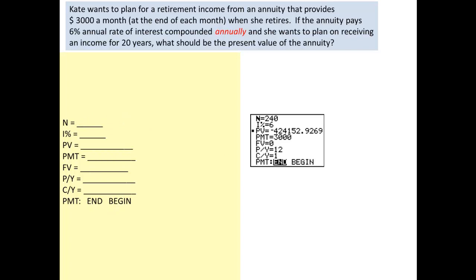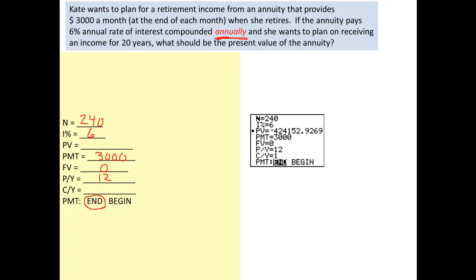Let's change this problem ever so slightly. So a lot of the numbers are still the same. 20 years, 6%, $3,000 per month until it runs out. The payments are coming at the end of every month. But here's the change. The interest is not compounded monthly. The interest is compounded annually.